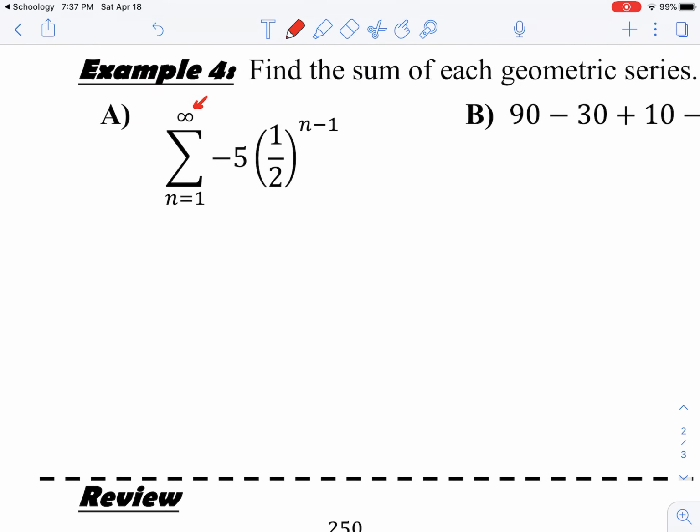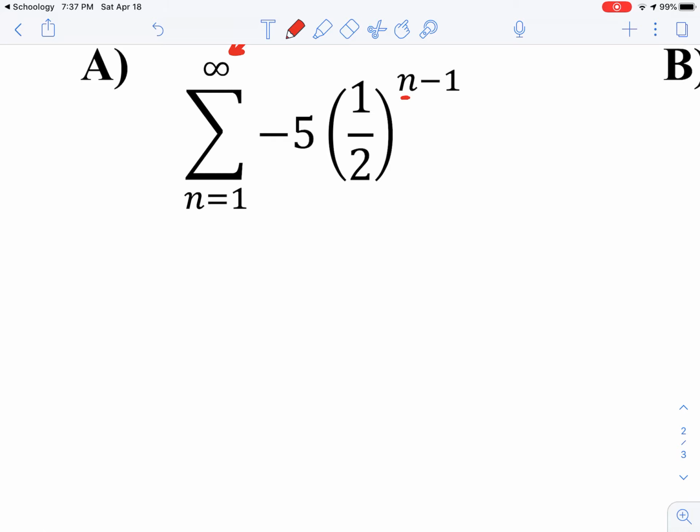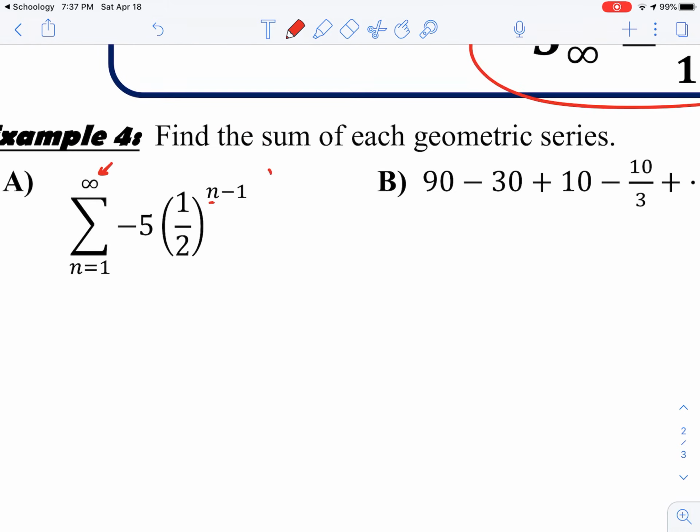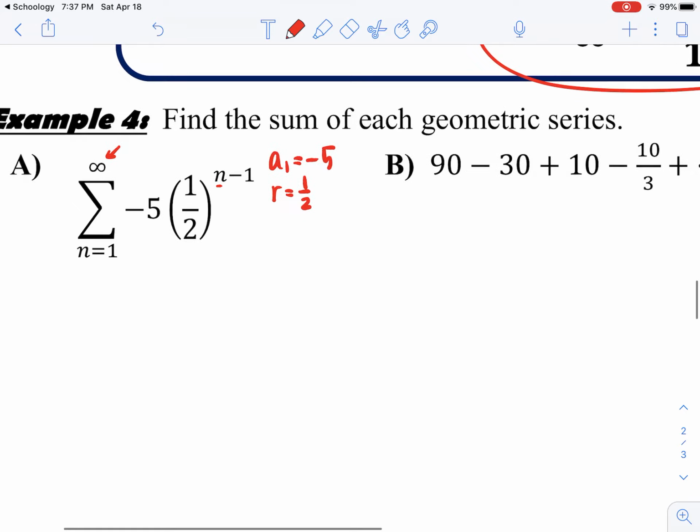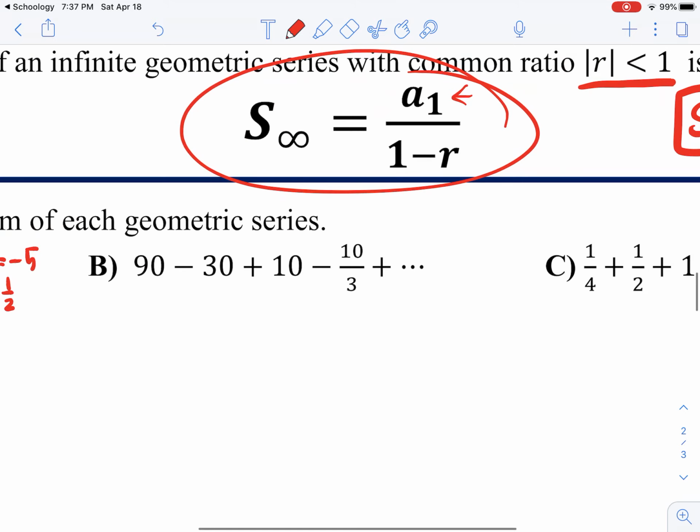All right, so let's ask ourselves, is this arithmetic, geometric, or neither? It's geometric, because I have an nth power here. So I need to know my first term, which is negative 5, and my ratio, which is 1/2. 1/2 is in between negative 1 and 1, so I am using my infinite formula.